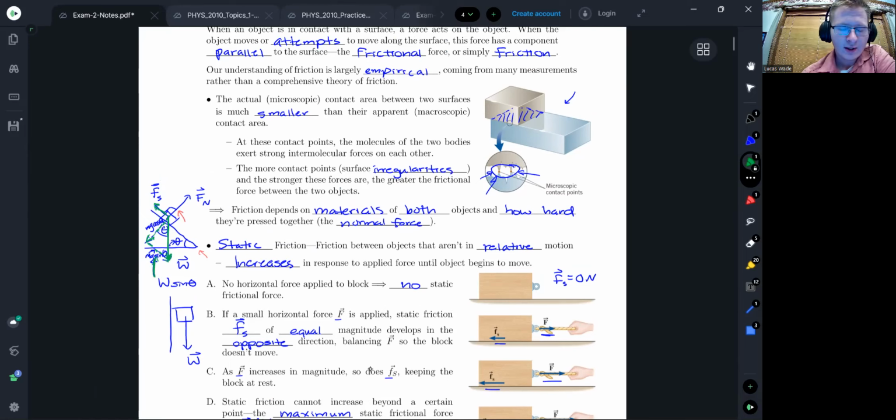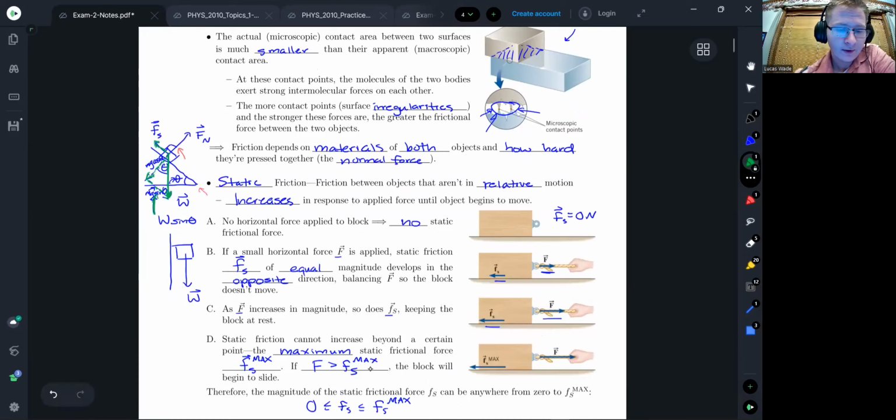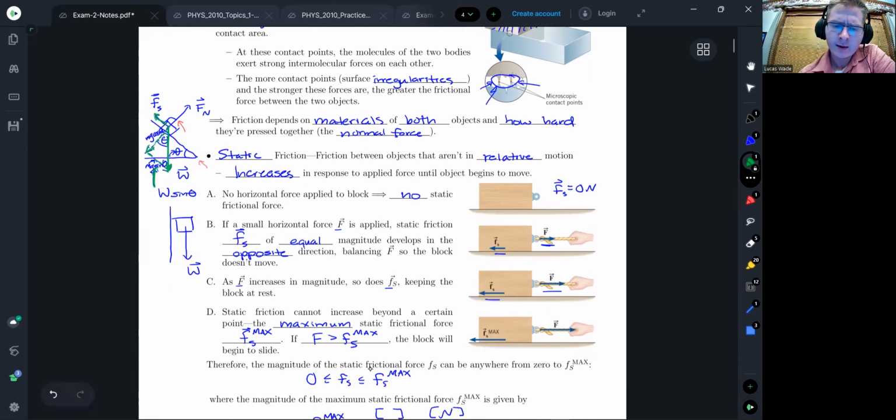And so if this block is at rest, the magnitude of Fs is exactly equal to that component of the weight of the block, mg sine theta. And if, for instance, the block were being pushed up the ramp, friction would act the opposite direction. It always opposes motion, relative motion between the two surfaces. That's the main stuff from there.